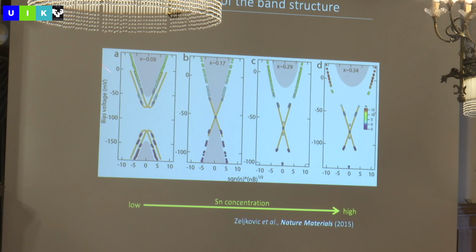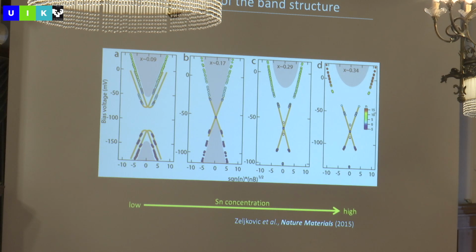And the thing that I want to say here is that there is no other way to fit this data except the way we fit it. The reason is that the magnetic field dependence imposes a very strong constraint on these fittings. So this is the only way we can fit this data: no Dirac point, Rashba split bands.